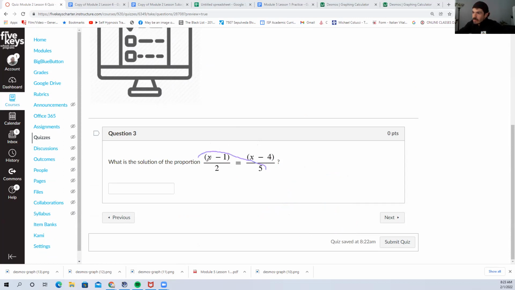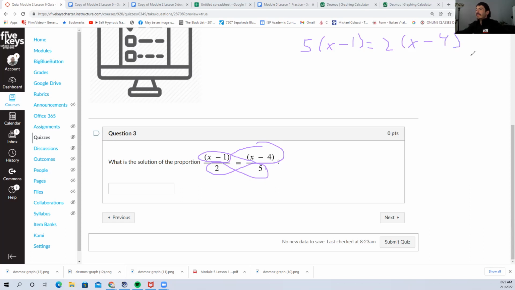So we end up with 5 times x minus 1. And we're going to do our cross product here. And this is equal to 2 times x minus 4. Now we don't have to worry about the fraction anymore, which is super cool.